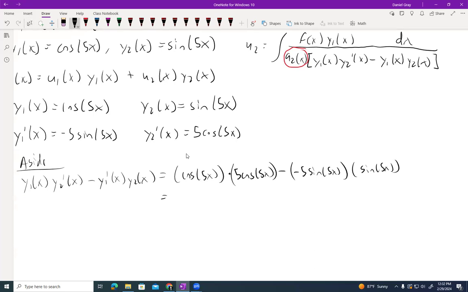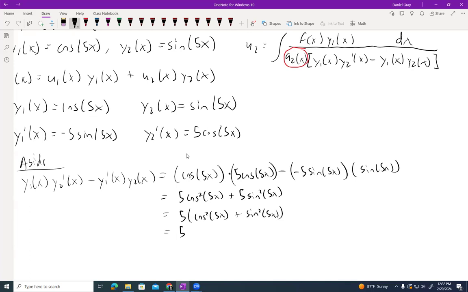So we multiply all these out and we get a 5 times a cosine squared of 5x plus a 5 sine squared of 5x, right? We can, of course, factor the 5 out and we get cosine squared of 5x plus sine squared of 5x, which by our Pythagorean identities is just 5 times 1, which is 5, right?